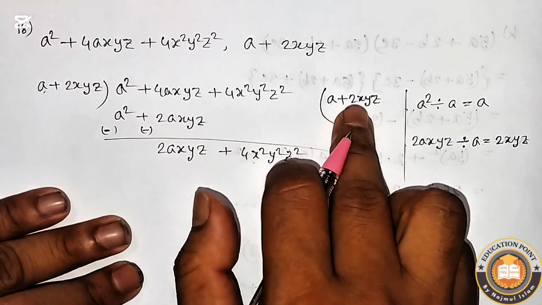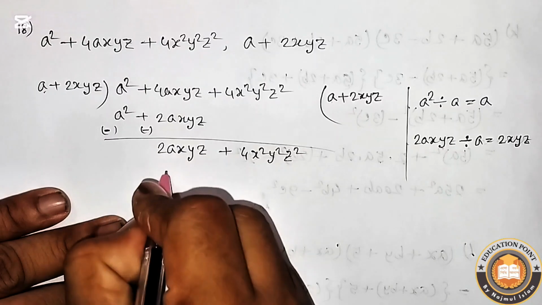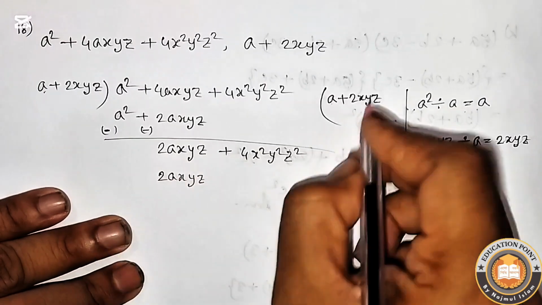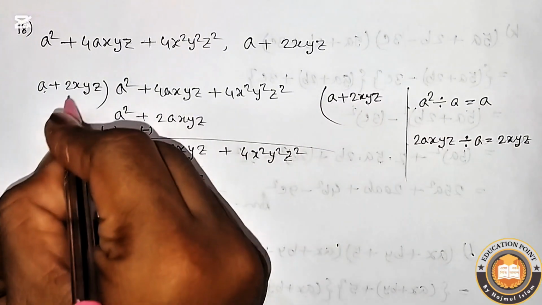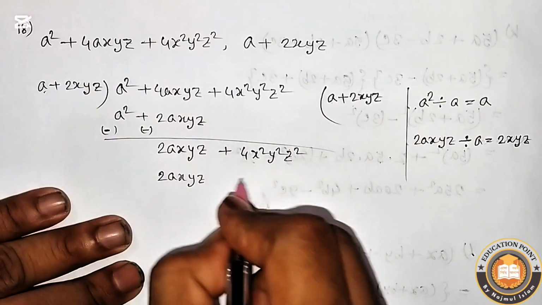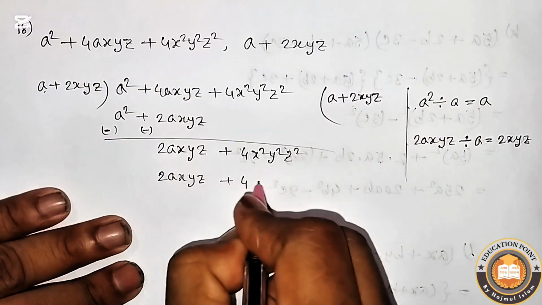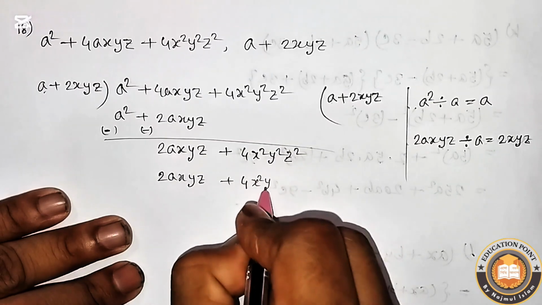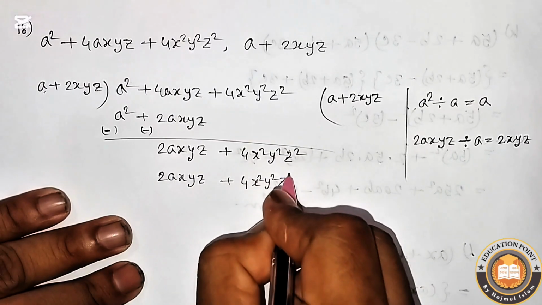At first 2xyz multiplied with a, that means 2axyz. Then 2xyz multiplied with 2xyz, that means 2 times 2 is 4, x times x equals x square, y into y equals y square, z into z equals z square.